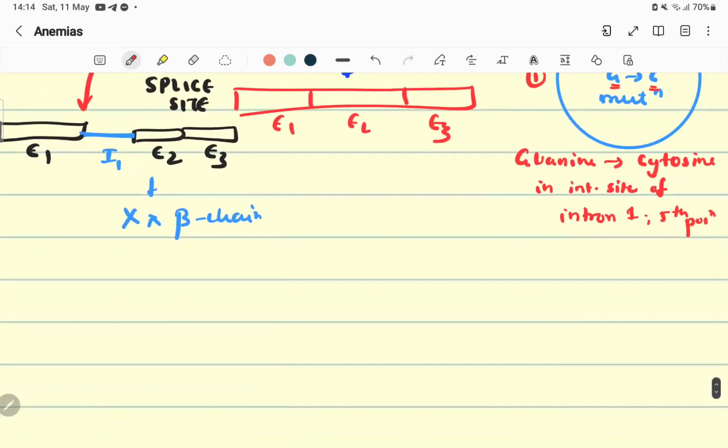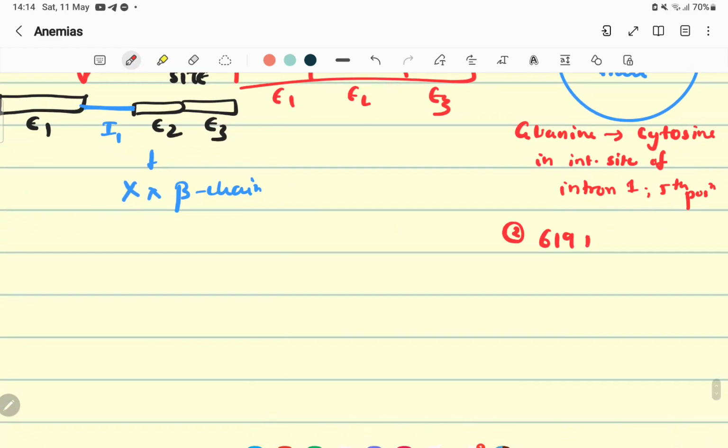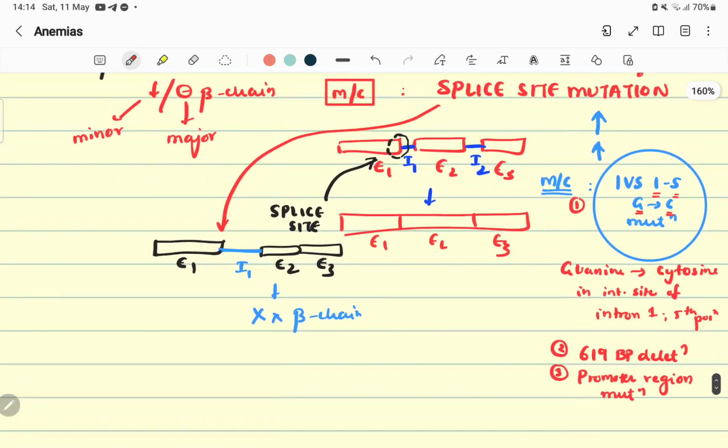Other mutations are there, like the 619 bp deletion, and promoter region mutation. So these are a few of the mutations, or etiology.